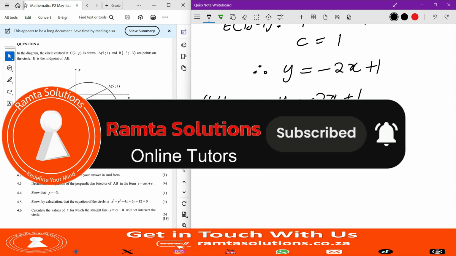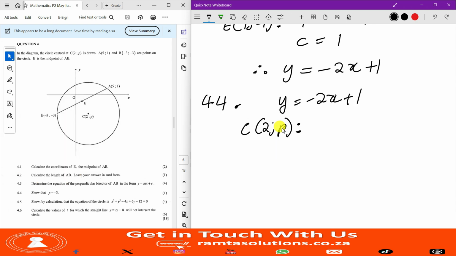Where there's x, we put 2, and where there's y, we put p. So p equals negative 2 into 2 plus 1. This therefore says p is minus 4 plus 1, which is minus 3. Happy? This is how we do it. Now, remember, C is the center of the circle. So we have an idea of what we are doing now, right? Good.